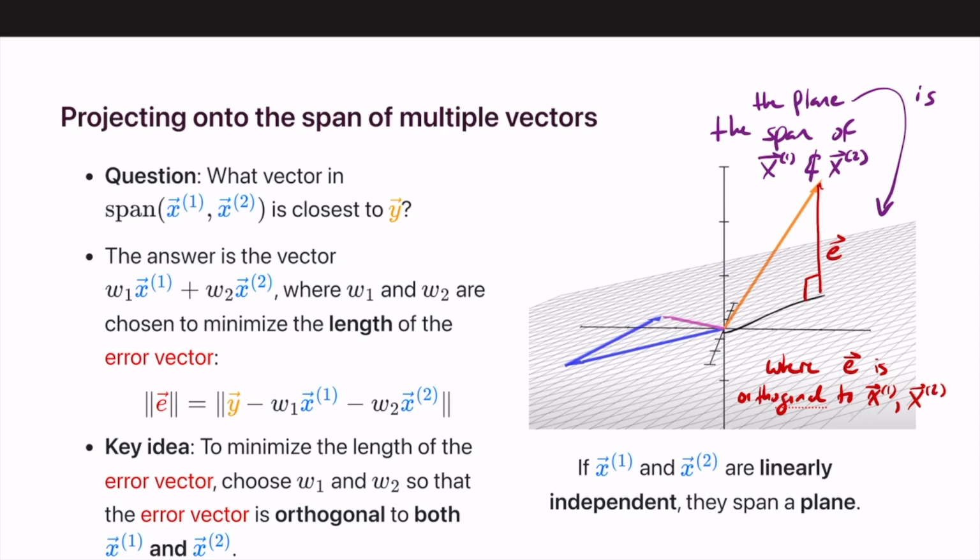And where it's orthogonal winds up being the projection. Maybe we'll put this one in black since this line's already in black. So that would be the projection with w1 star plus w2 star. And that's the projection.